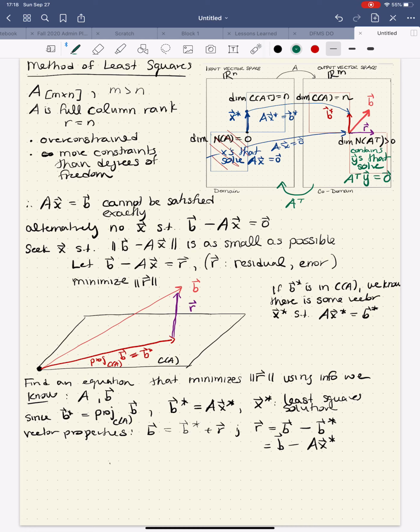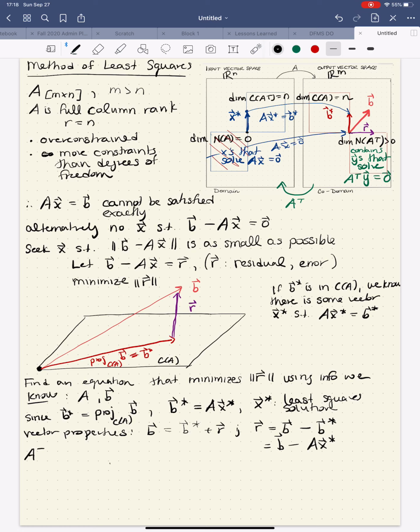And so if I'm mapping from Rm to Rn now, any vector that lives in the null space of A transpose gets annihilated and it gets sent to 0. And notice that R, my residual, is in the null space of A transpose. So R is a particular vector y.